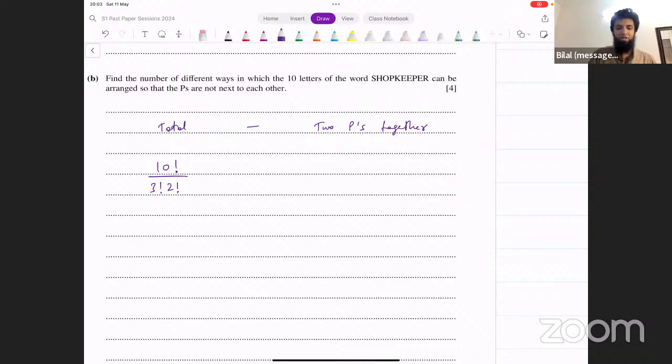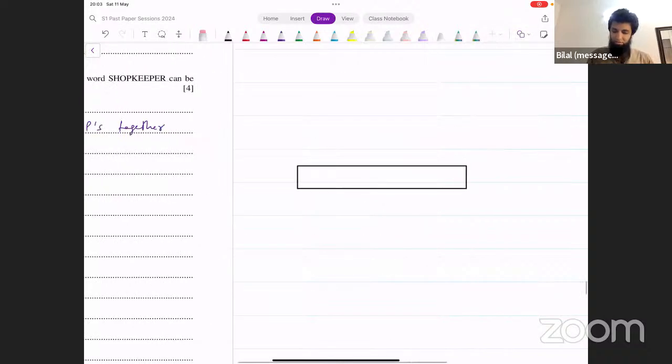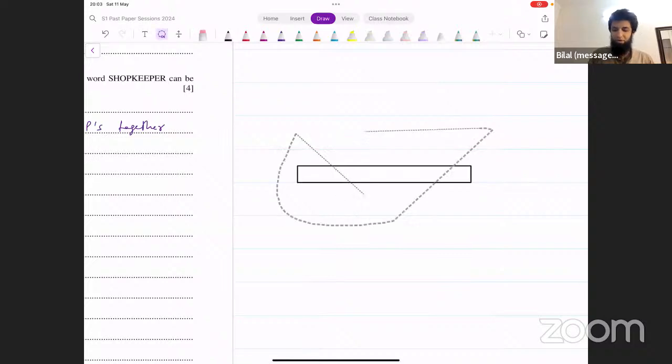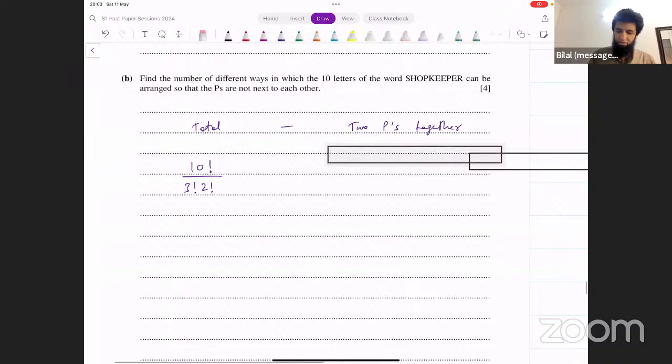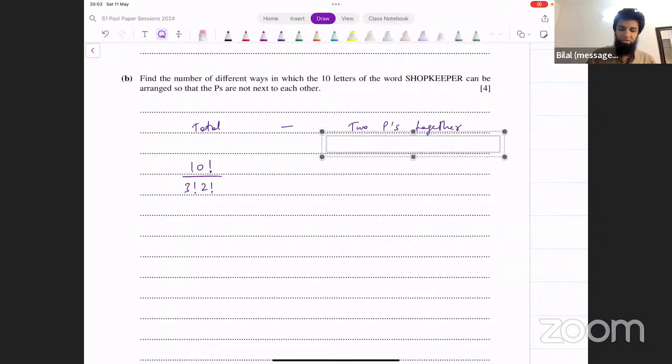We put those 2 P's in one single box. If we do that, let's see what we get from that. Again, you can do this mentally as well if you want. Or if you think this representation would help you, you can use this. There are 10 boxes in total initially. What you want is, you want the P's together. So you merge 2 boxes and put the 2 P's in that box. How many boxes do we have now?